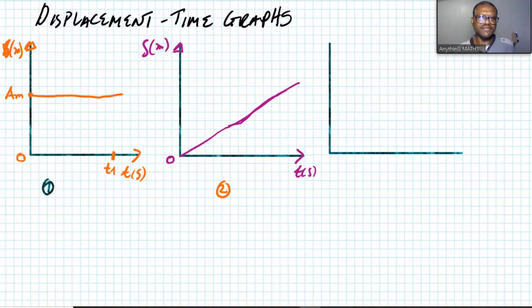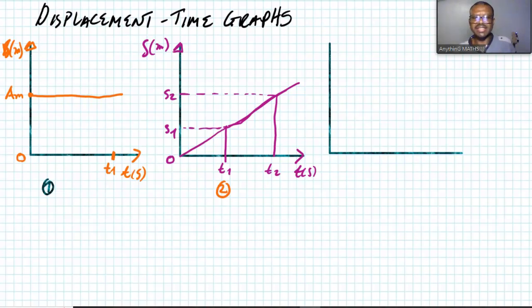So let's try and find the gradient of this line. You know that the gradient of a straight line at any point is the same. Let's try to cut here to be T2 and this to be T1, isn't it? And we can say this place will be X1, and we're going to get X2 here.